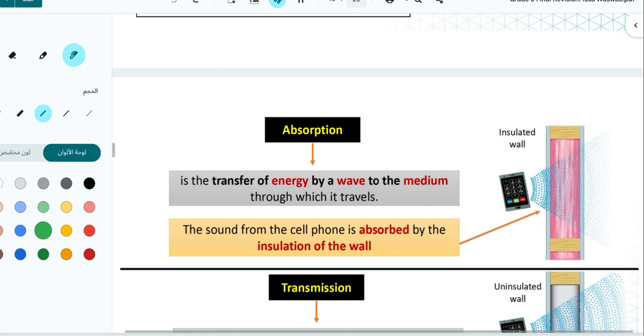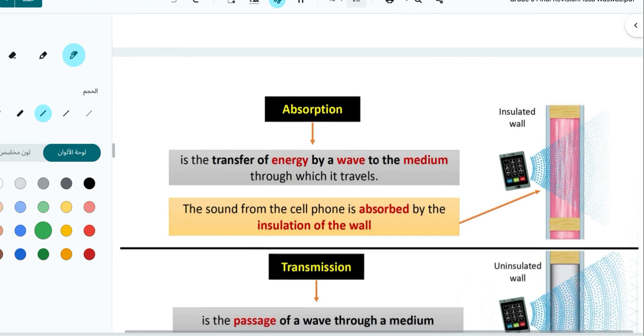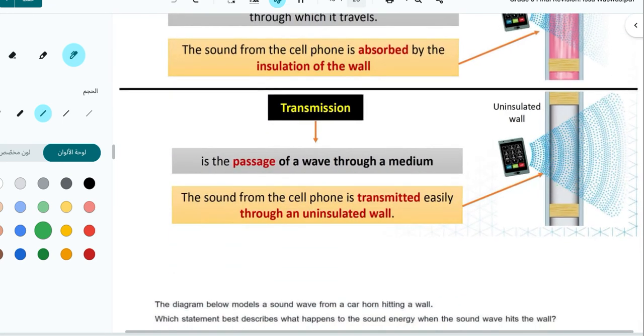So as sound from this phone passes through this insulated wall, the insulation will absorb the sound. It is taking energy away from the sound wave, and less of the sound will be able to transfer through the wall. The last one is transmission. Because there is no insulation in this wall, the sound is passing through the wall. That is transmission, which means to pass through.